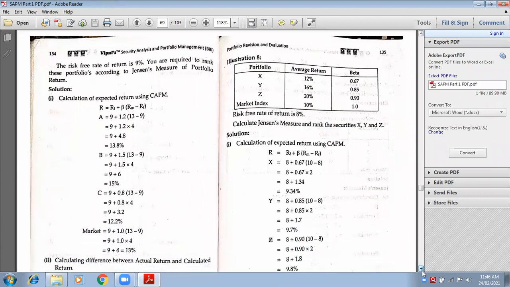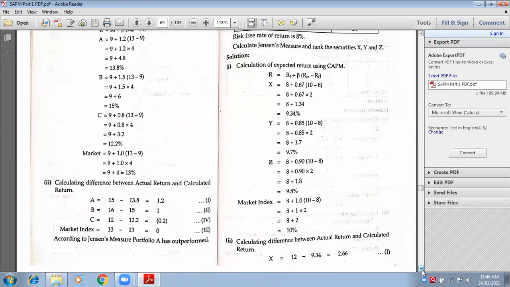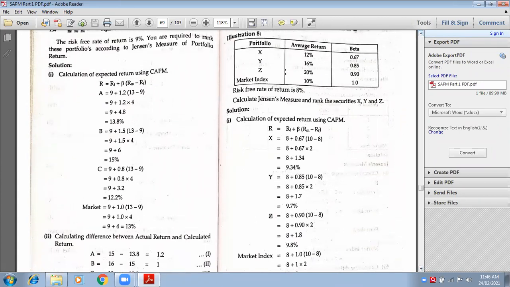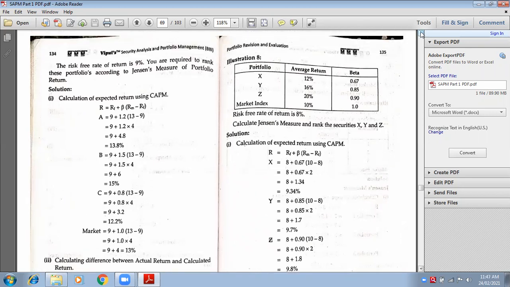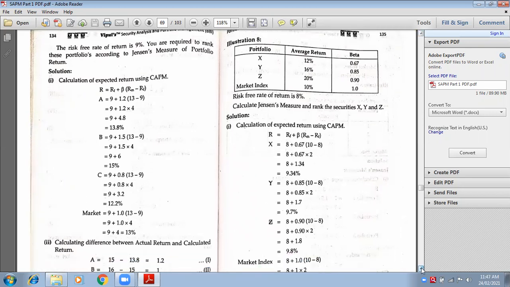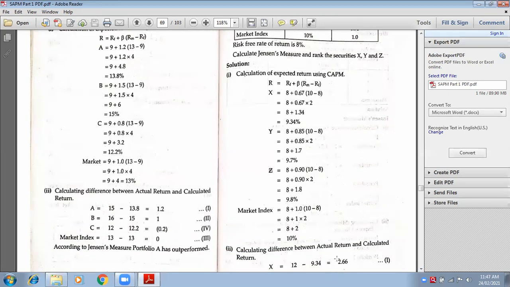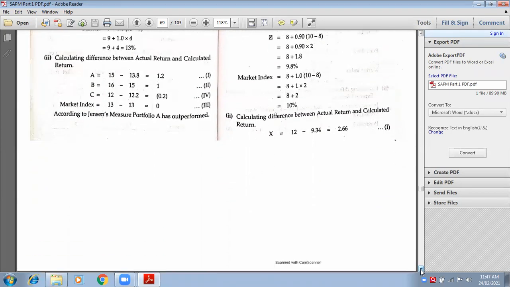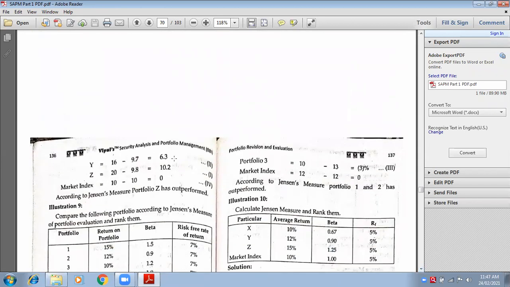And how much is calculated? 9.34%. Similarly, Y's actual is 16 and calculated is 9.7. Z's actual is 20 and calculated is 9.8. Is it clear? Yes, ma'am. The market's actual is 10 and how much is calculated? 10. So the market's will come to 0, and you check how much comes for X, Y, Z, and whichever is higher, you have to give ranking accordingly.